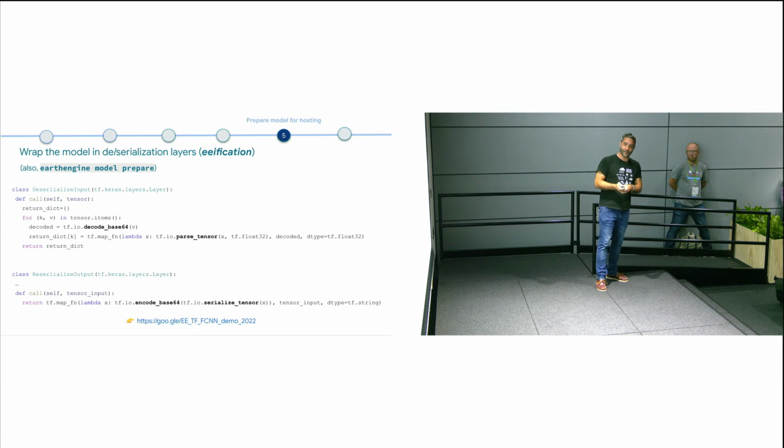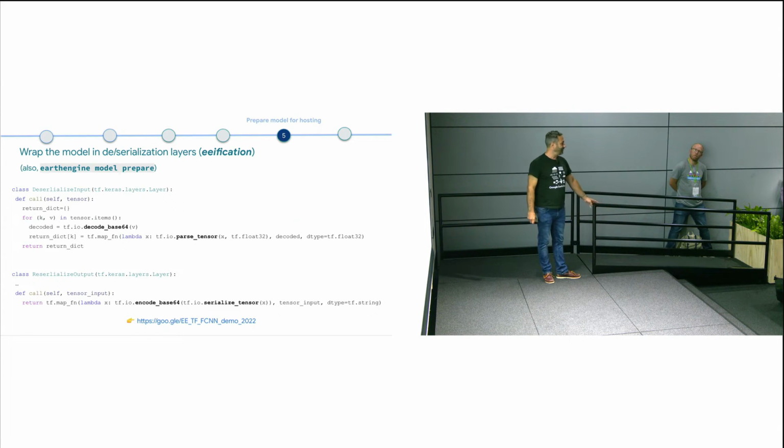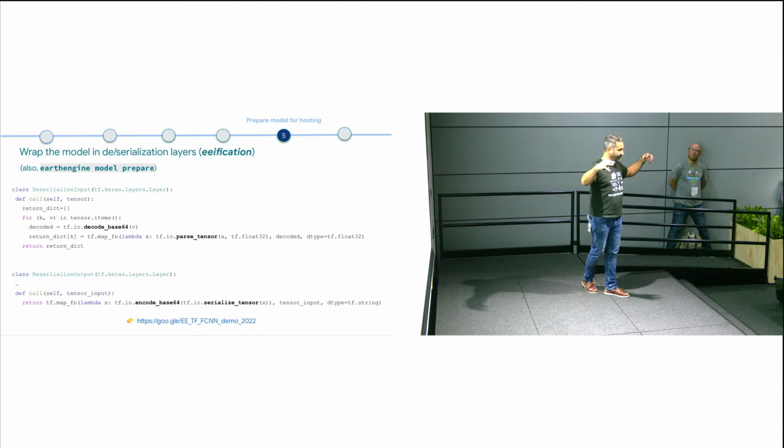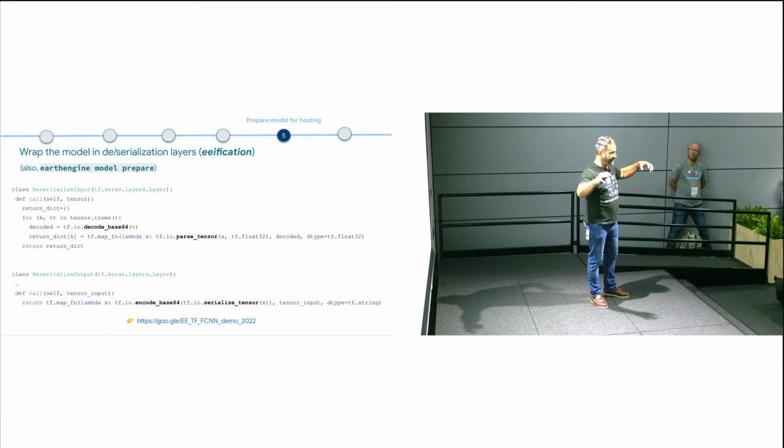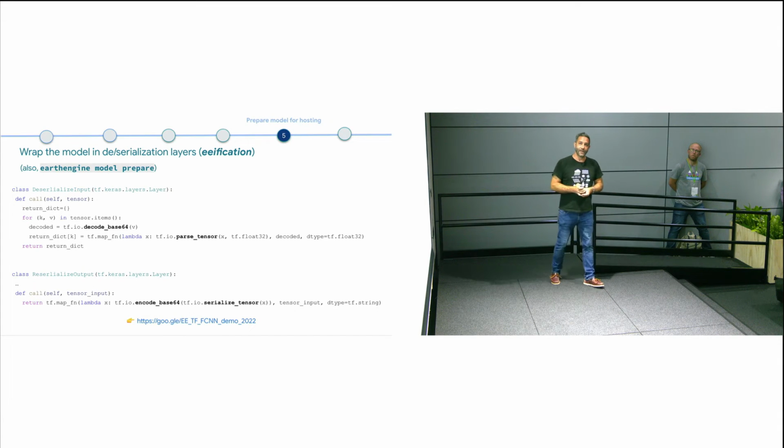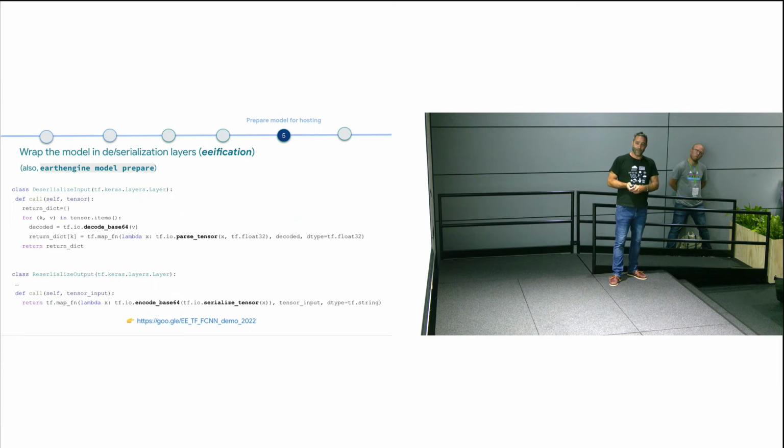And the Earth Engine model prepare command did that for you. It bolted on those extra nodes that would do the conversion from float 32 to base 64. Here's a programmatic way to do that. Basically, this is extending tf.keras.layers.Layer.